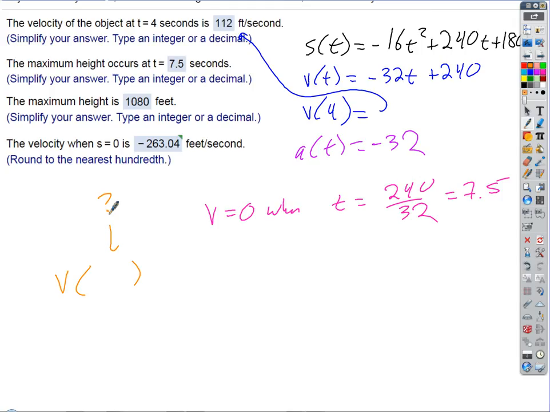We've got to know the time to plug in there, right? So we just need to know the time associated with the height being 0. Okay, make sense?